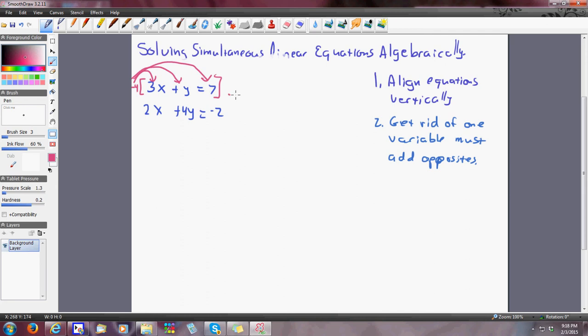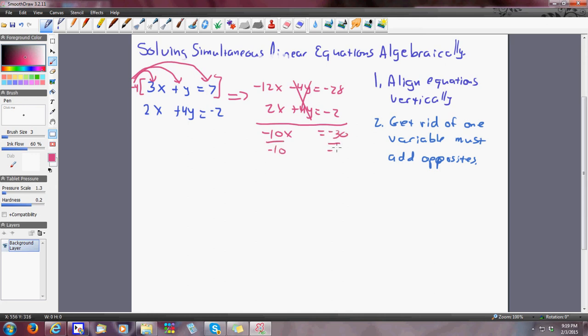And I get negative 12x minus 4y equals a negative 28. And then I get 2x plus 4y equals negative 2. And now, take a look. I have a negative 4y and a positive 4y. Those are going to cancel. I get a negative 10x equals a negative 30.